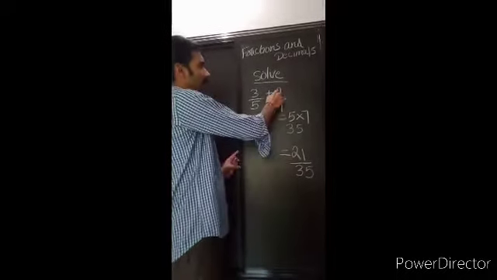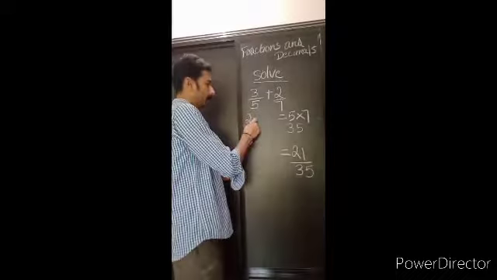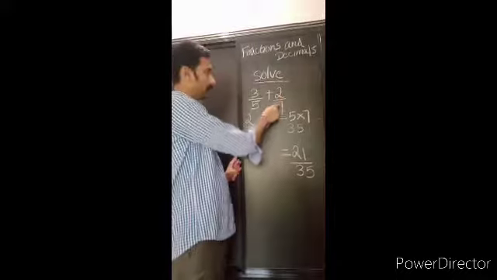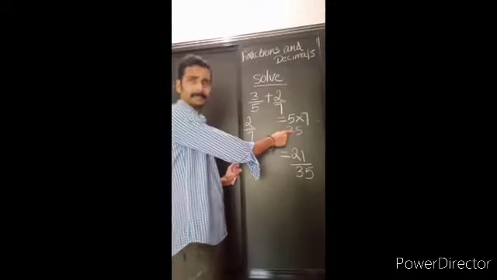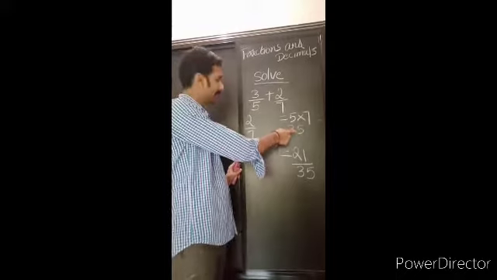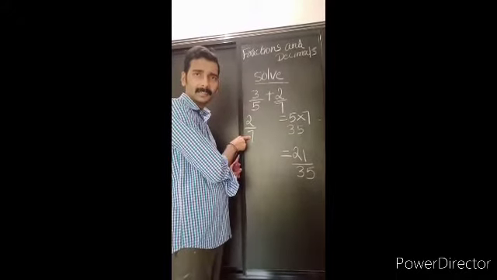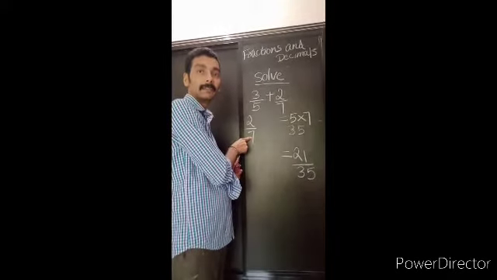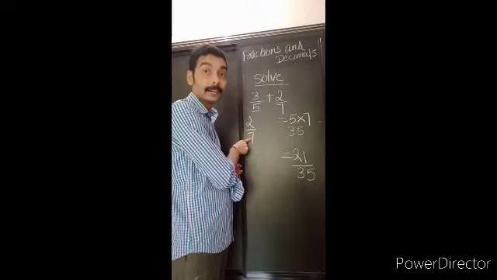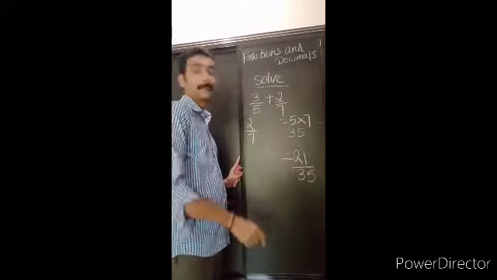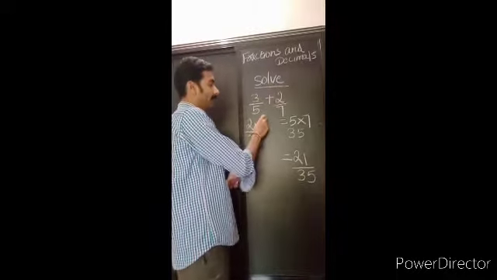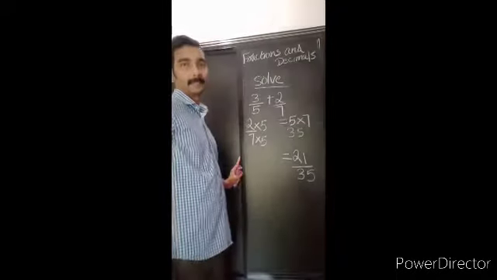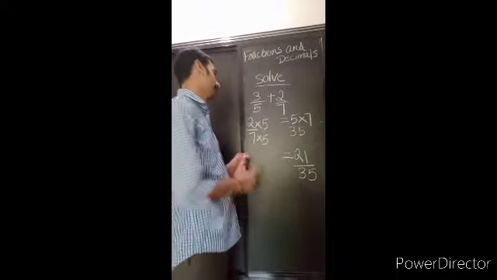Then the second one, 2 by 7, is the same as 3 by 5. For 2 by 7, the LCM is 35. 35 divided by 7, what is the answer? 5. 5 multiplied by the numerator and denominator.